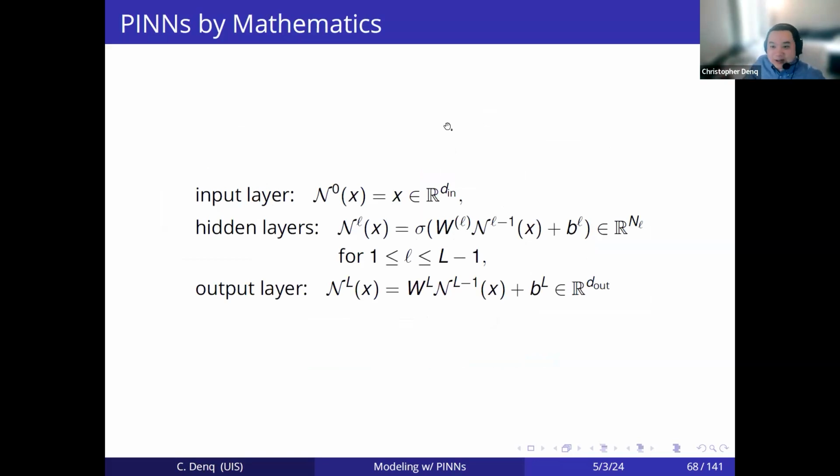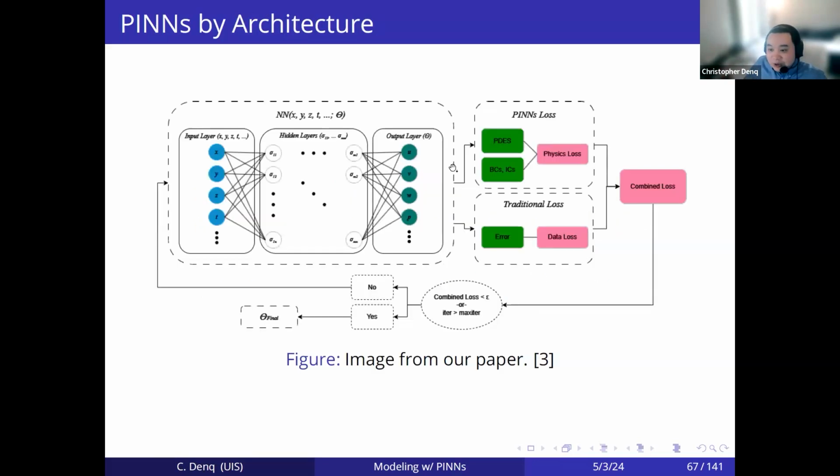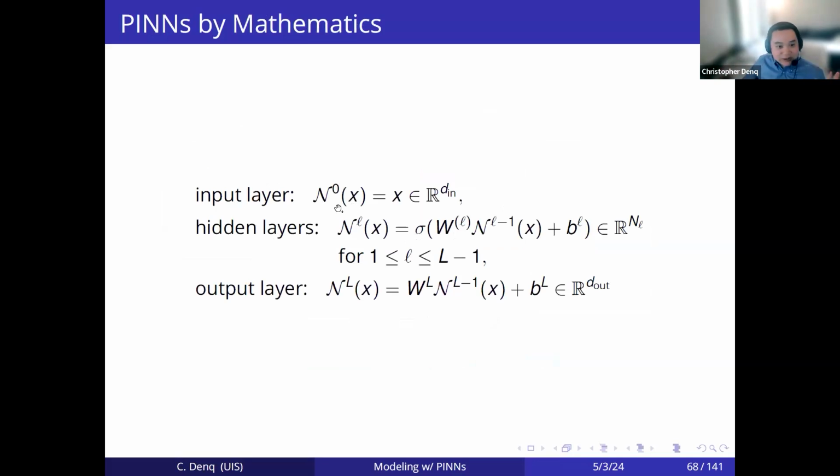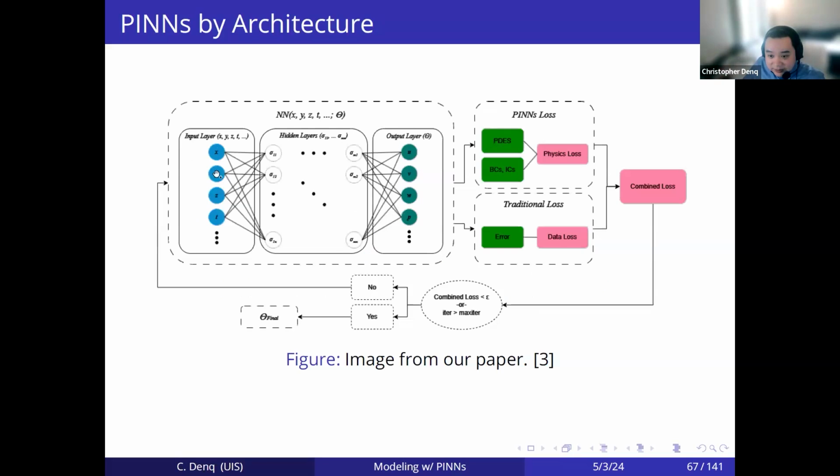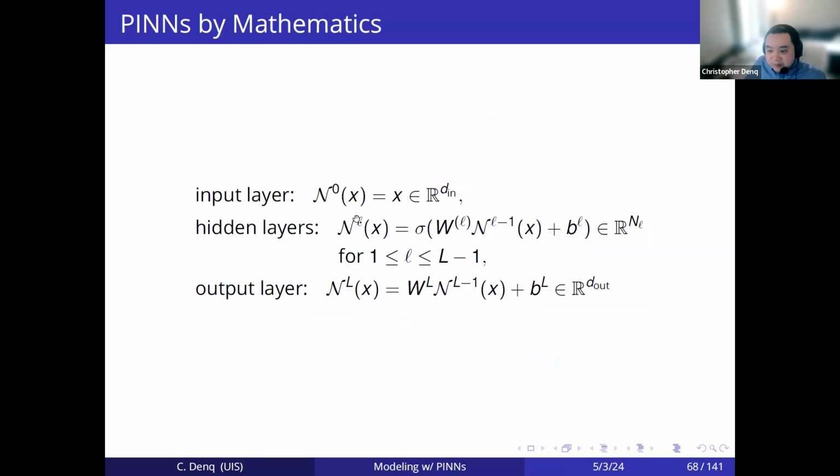From another perspective, I want to talk about PINNs mathematically. We can think about this neural network again as a math function. The input layer is just another math function, and we have some input vector in d_in dimensional space, right? This is the input vector. It's like the data or the metrics of our simulation. We plug it into a bunch of hidden layers. Hidden layers represent all these white parts. They are also math functions of their own.